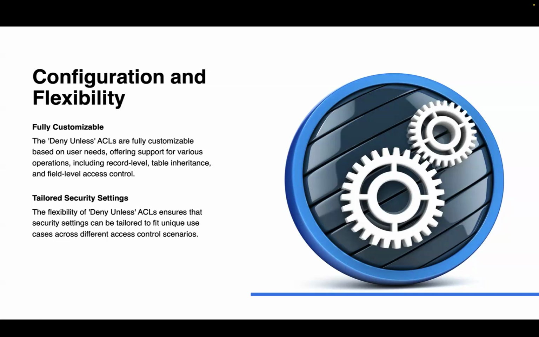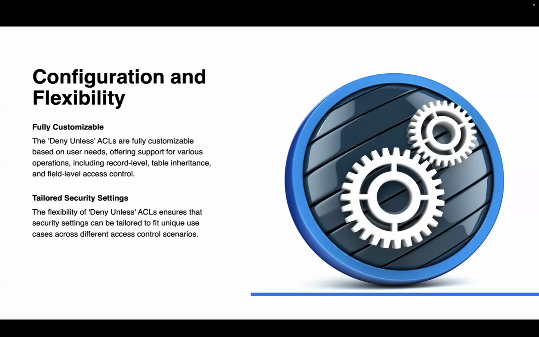So let's look at some key scenarios. We got to understand that these are evaluated before allow ACLs. We're ensuring that the explicit denial conditions get checked from the beginning. Another important distinction is that every condition in a deny unless ACL, whether it's a user, security attribute, or a script, must be met for access to be granted. This differs from allow, because there, even if a single condition is met, it grants the access to the user, for the entity mentioned in the ACL.